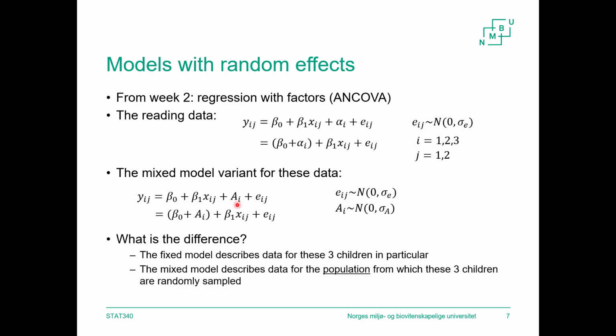The fixed model describes only for these 3 children what the data look like, but the mixed model tries to also say something about all children. Because it says that these 3 children we have are sampled from a normal distribution that describes all children. So it's more ambitious. It tries to expand the conclusions that we draw to all children and not only to these 3 that we have in our current data set.